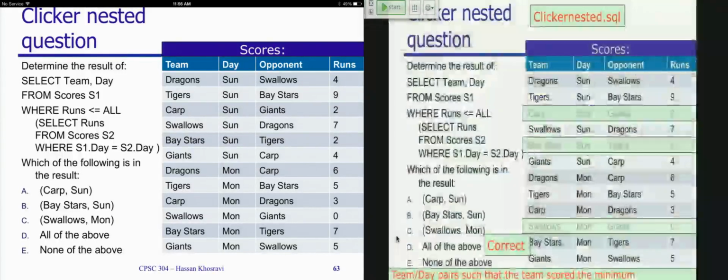If you run that query, you'll see Carp Sun, Baby Stars Sun, and Swallows Mon, which you can see as A, B, and C in our choices here. So D, all of the above, is the right answer. Any questions?